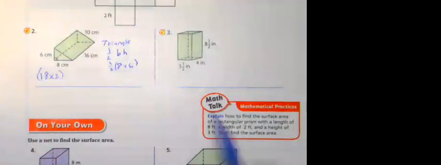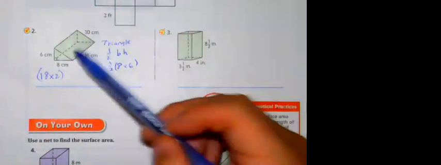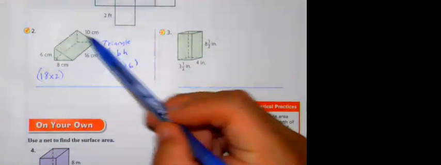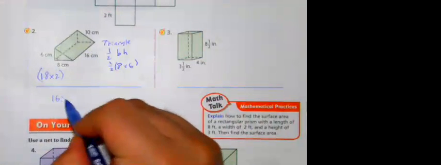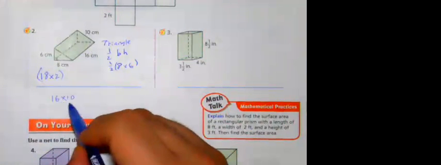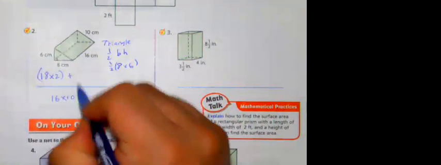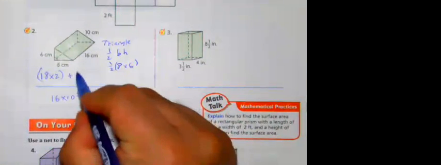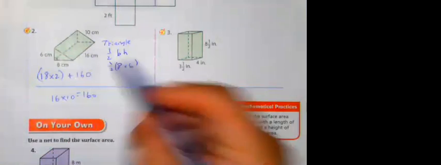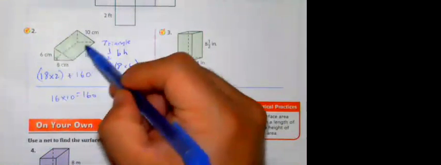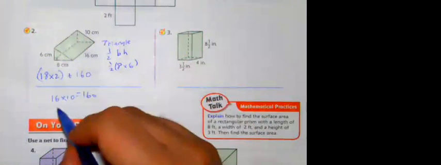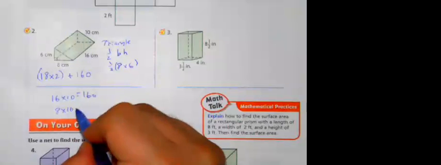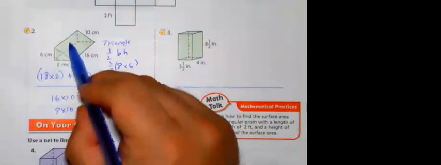Now we got to find our other shapes. So let's do this part here. This triangle is a 16 by 10. So 16 times 10 equals 160. So plus 160. So now we got to have our base, which is going to be 8 times 16. And then we have the side.